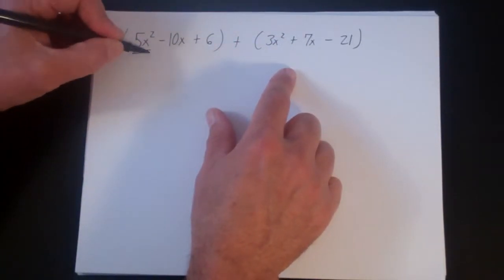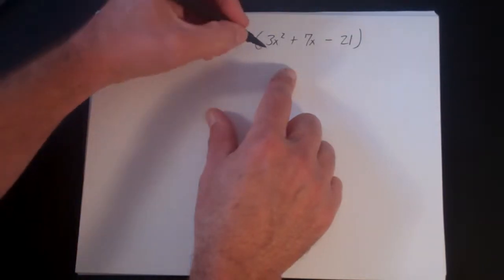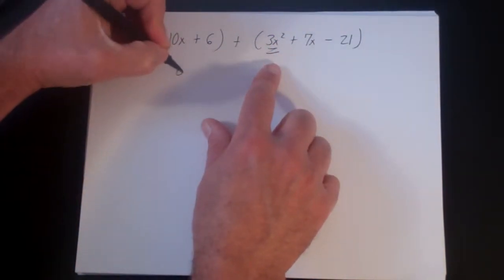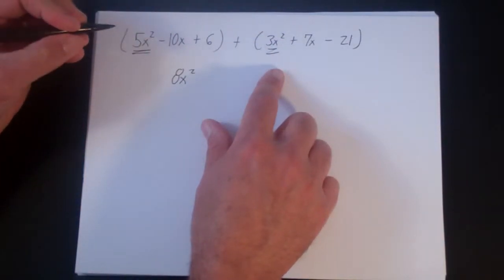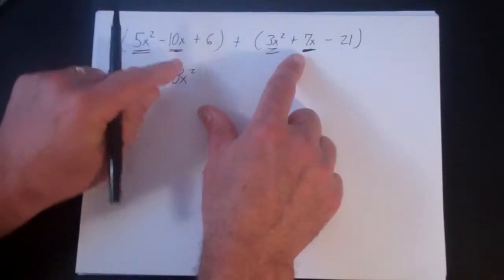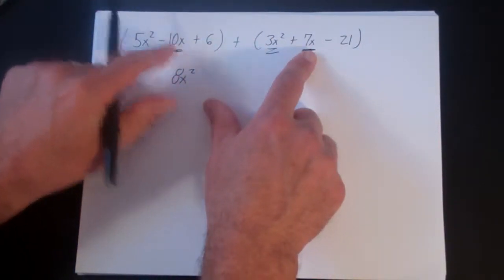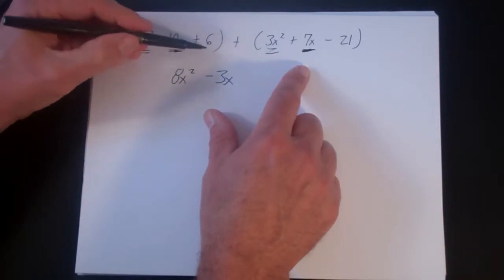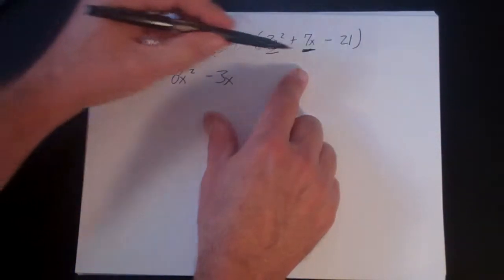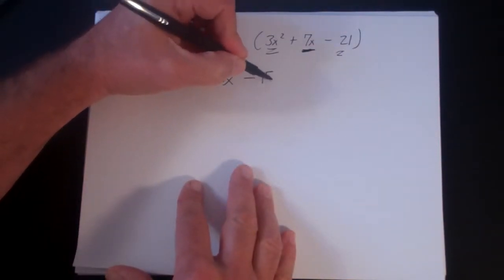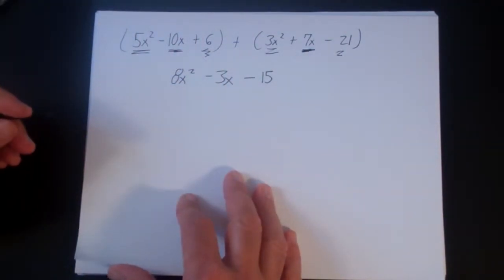So the question is, is there any other term with an x squared in it? There is, so that's 5x squared and 3x squared, which is 8x squared. This one has an x and this one has an x. That's a minus 10x and a 7x, which is a minus 3x. And then a 6 and a minus 21 are like terms, so that's a minus 15. And that's all you do.